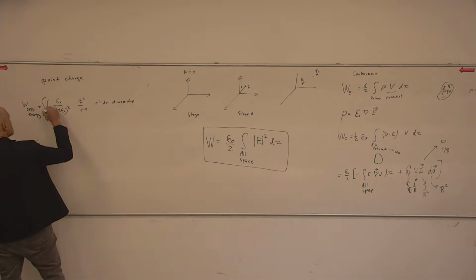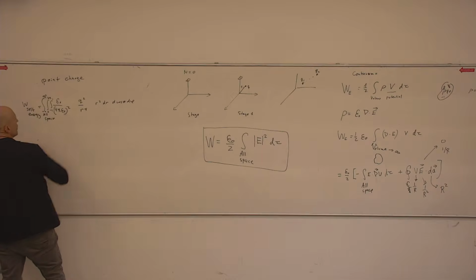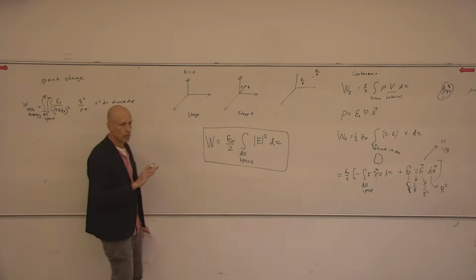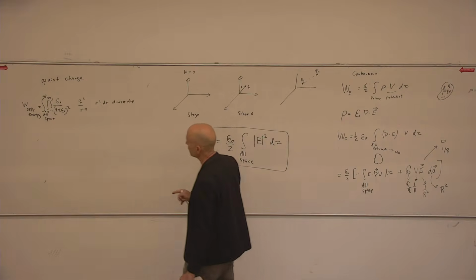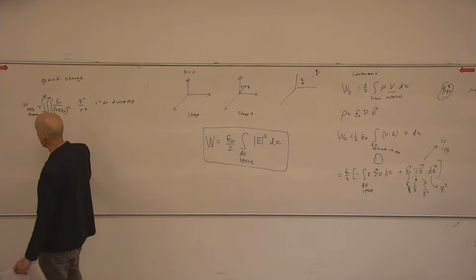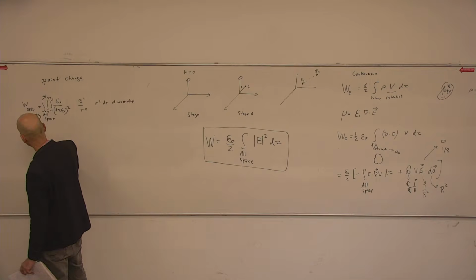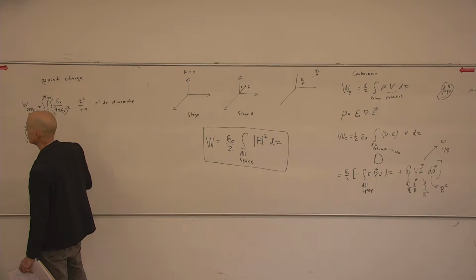Let us write it explicitly. 0 to 2 pi, 0 to infinity, minus 1 to 1. Usual big sphere that I'm using. And then you immediately see that the integral over R is of 1 over R squared, from 0 to infinity. This gives you infinity, right?